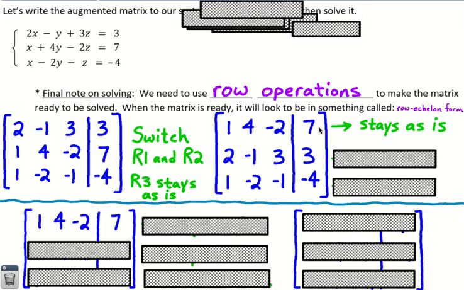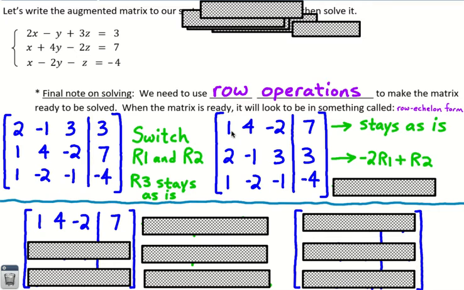We're going to have a combination of row 1 and row 2. I want to add row 1 and row 2 together, but if I add these 2 together, I'm not going to get a 0 in this spot, I'm going to get a 3. So that means I need to do this row operation.